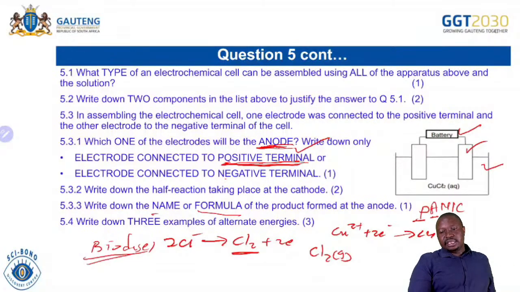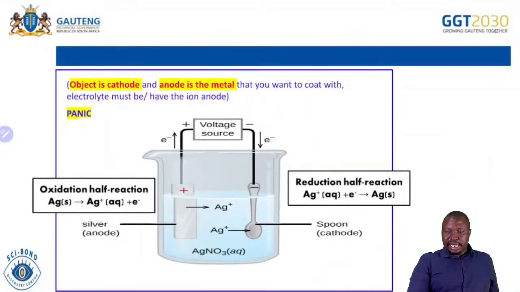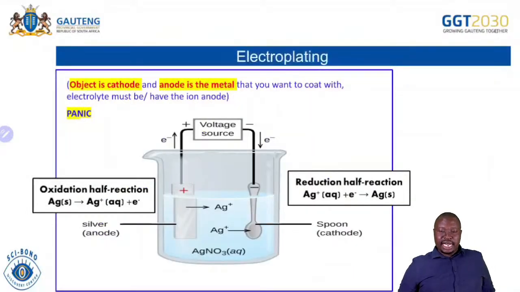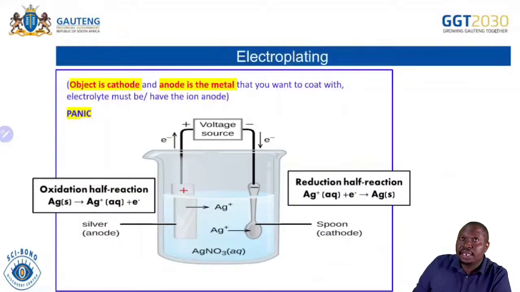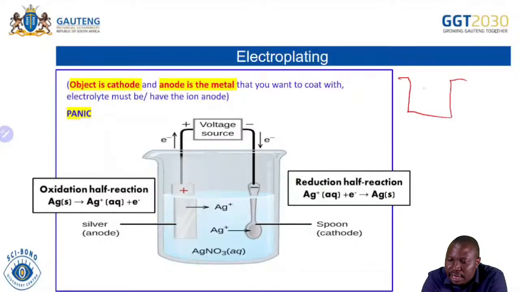And the last cell that you were supposed to know is electroplating under this topic. Under electroplating, I can see that time's not on our side, but I'm trying to cover, because we are saying when you have 2 electrodes that are the same, like we had carbon and carbon in the previous question, we said that was electroplating.